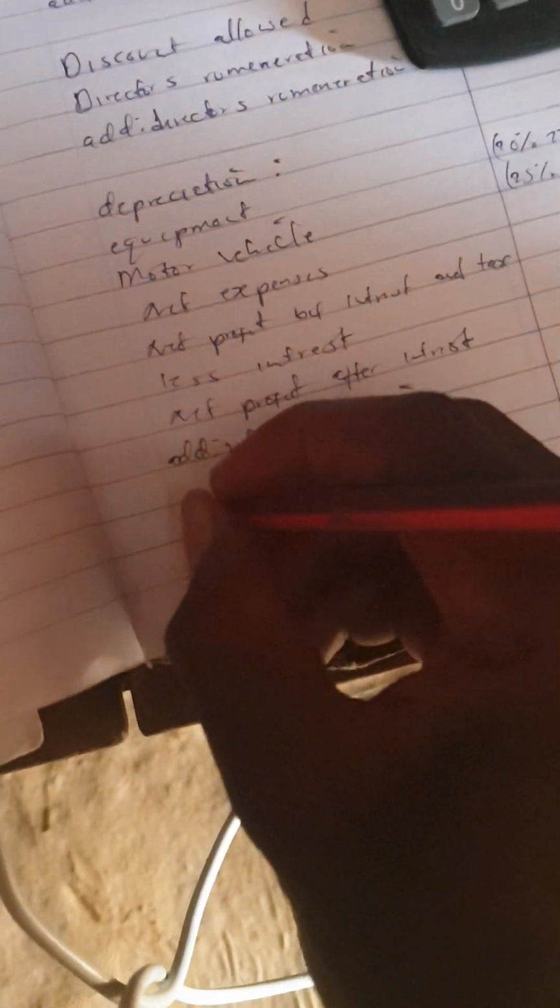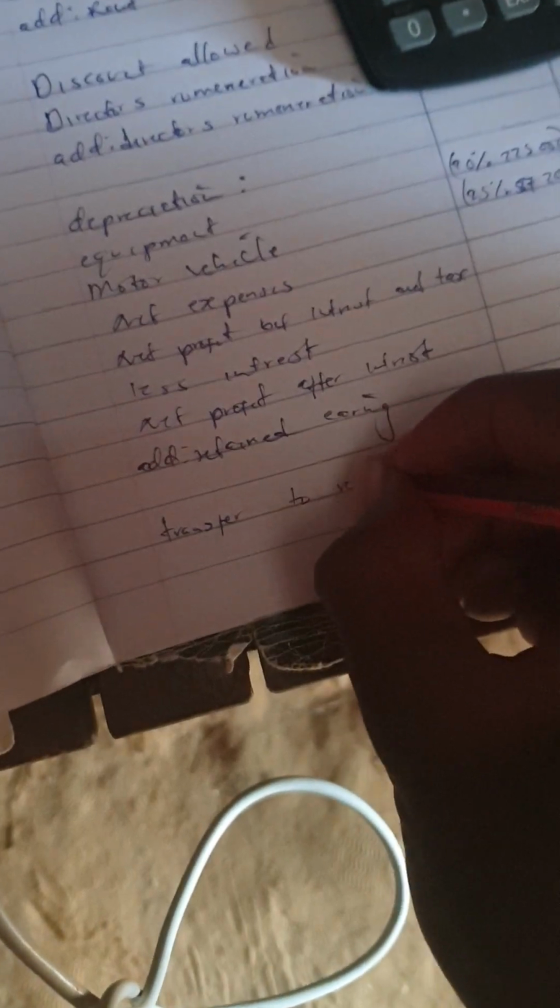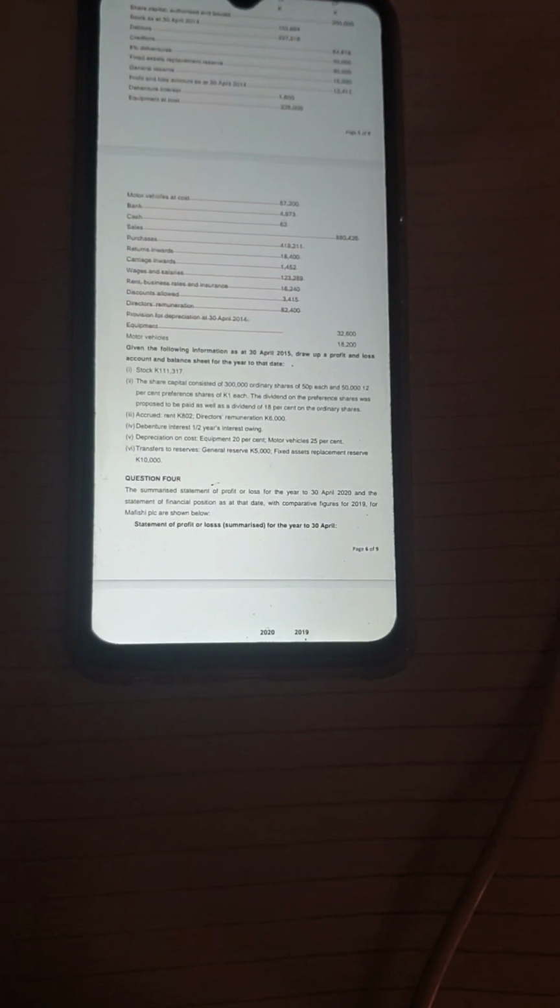So we're going to work on that. There's a transfer to reserves: we have general reserve, which is 5,000, and fixed asset replacement reserve, which is 10,000. Since we don't have enough space, we can combine the two.